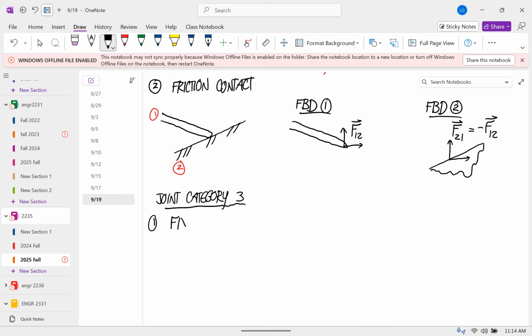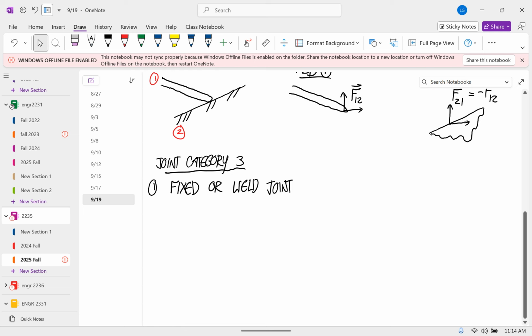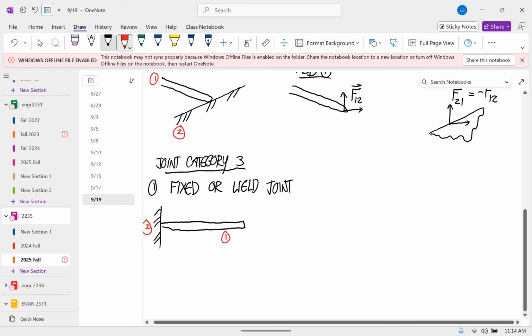So this is usually called a fixed or a weld joint. And so let's think of a beam that's cantilevered out to the right like that. I'll call this body 1 and this body 2. A free body diagram of body 1.